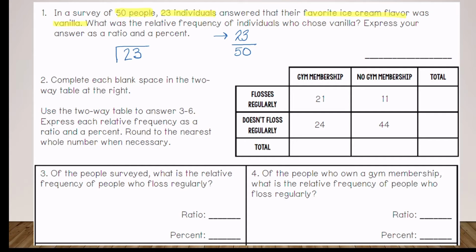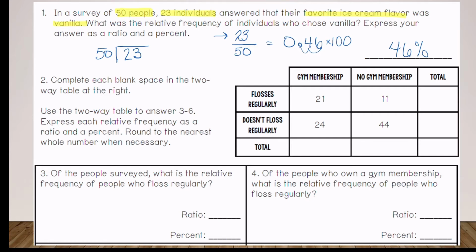And if you were doing this by hand, the 50 would go out here. This gives us 0.46. There's two ways to make a decimal a percent. We times it by 100, or we just move our decimal point twice. So this is 46%, meaning 46% of those people surveyed said they like vanilla, okay?